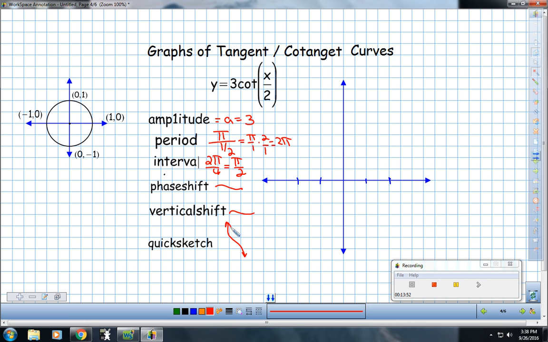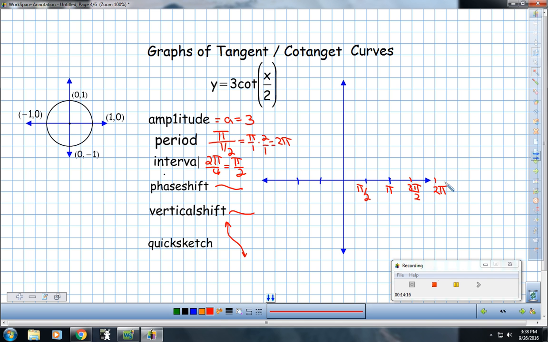So here we go. Intervals are pi over 2. This is a cotangent curve. So pi over 2, 2 pi over 2, 3 pi over 2, 4 pi over 2, which is 2 pi.